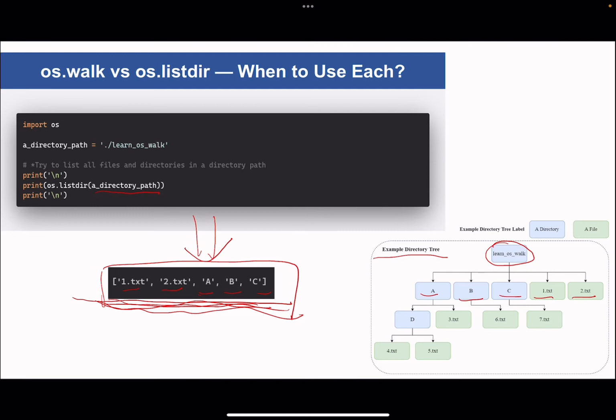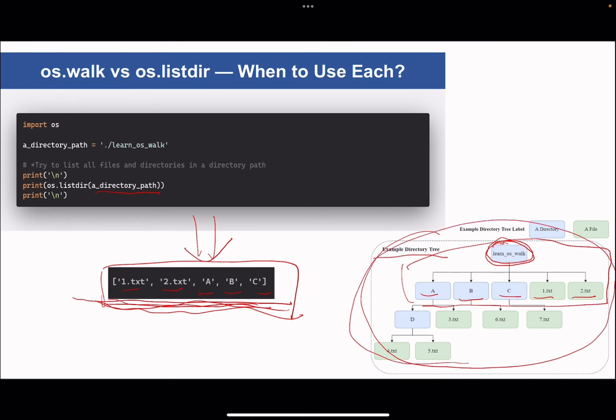If you don't only want the first layer of the directory tree, but you want everything in one big directory tree, you should consider os.walk instead. Now I hope you understand when to use os.listdir and when to use os.walk. And this is our third part of this video.